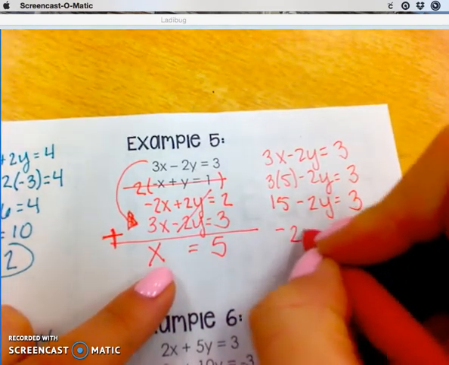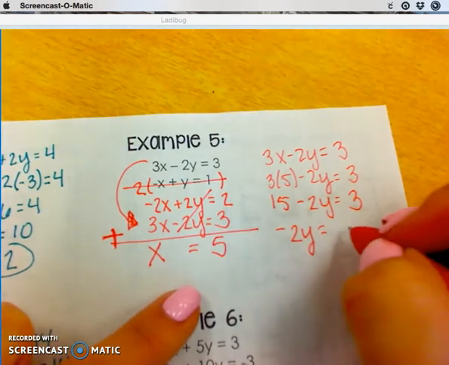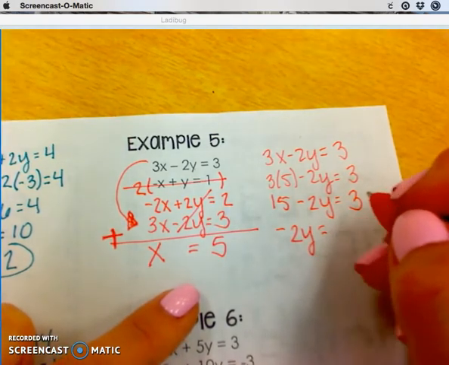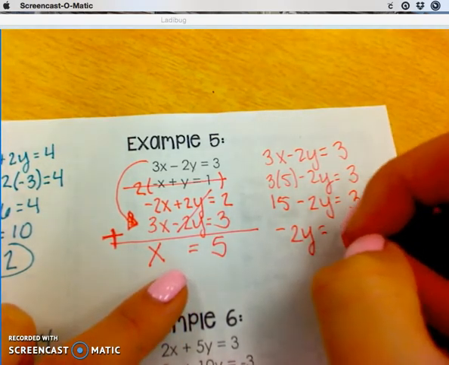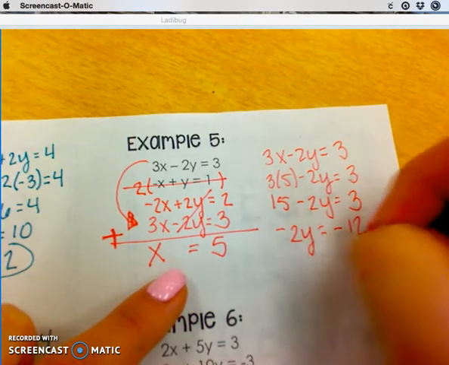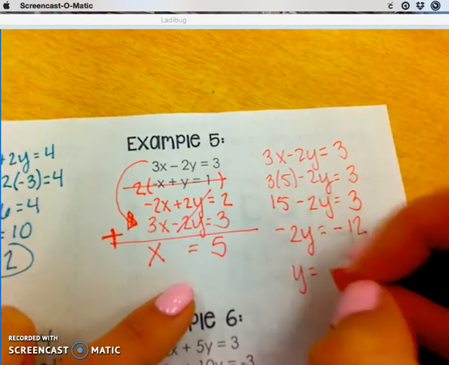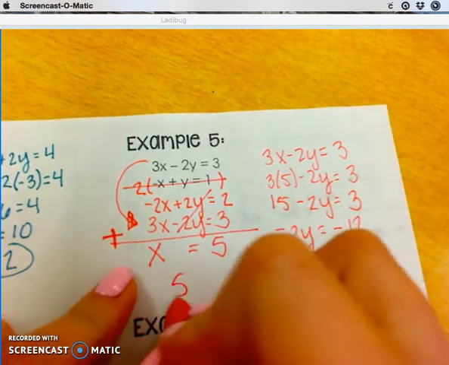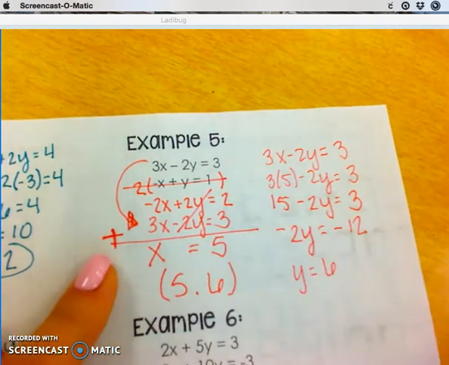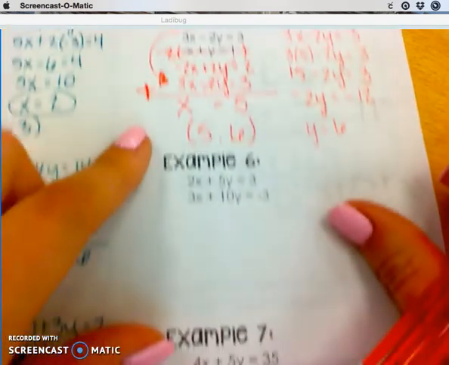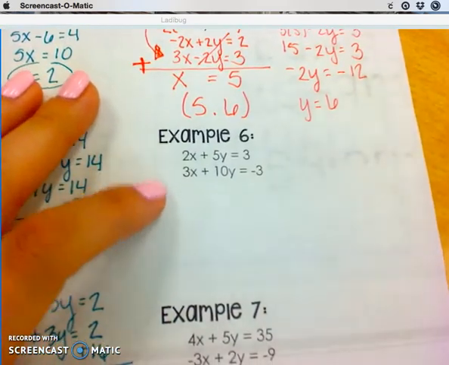Subtract 15 from both sides. So we're equal to negative 12. 3 minus 15 is negative 12. And divide by 2, y is 6. So 5, 6 is your solution. We got 2 more to do.